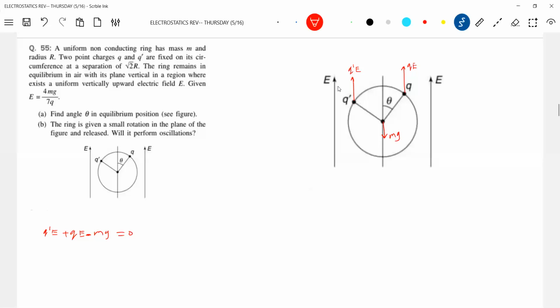The value of e is given. Find the angle theta, circumference at a separation of root 2r. Okay, then definitely the angle between them is 90 degrees. Root 2r is telling. Okay, find the angle theta in equilibrium position.